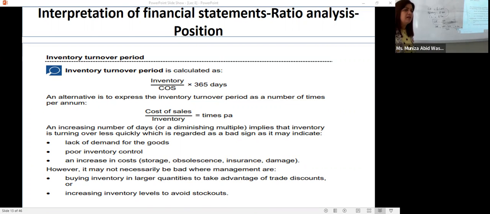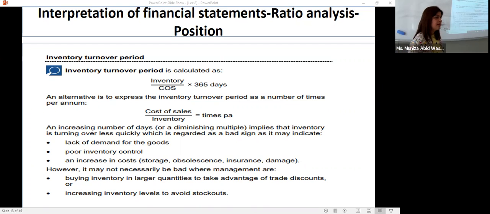Sometimes you have to analyze also that maybe the organization is having higher inventory levels to get bulk discounts. Trade discounts are the types of discounts which are a deduction in the list price of the goods. So when you are purchasing in bulk, you are going to get the trade discounts.